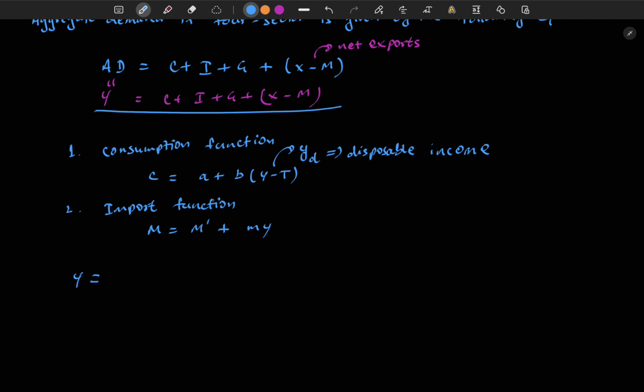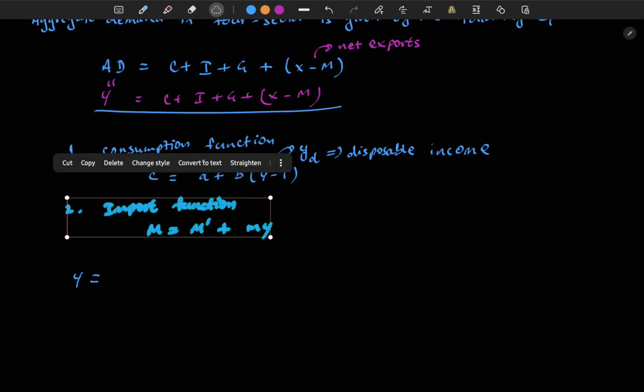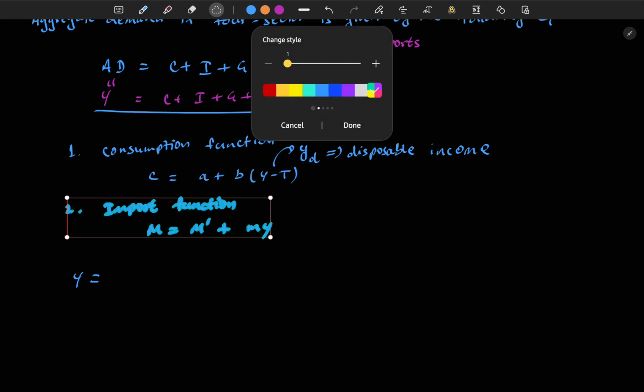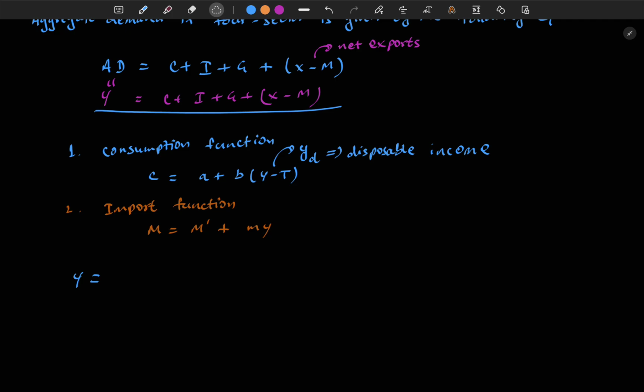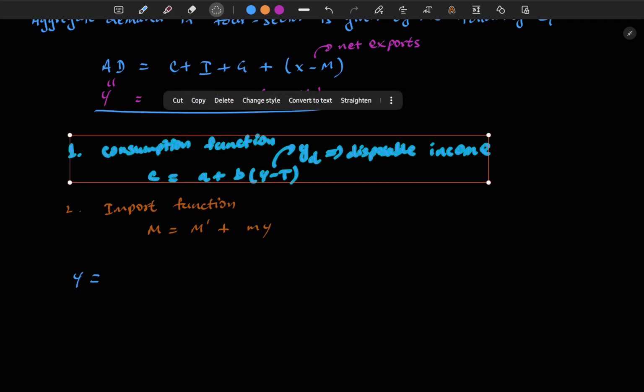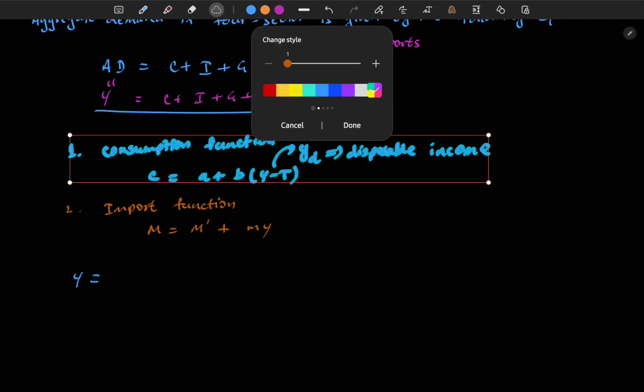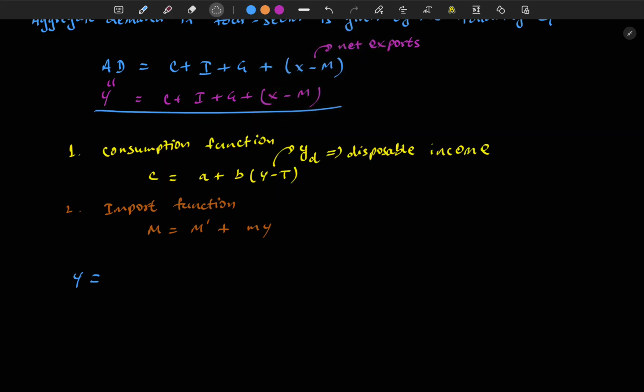I'm going to color code the consumption function to yellow so it is easy to keep track of things.